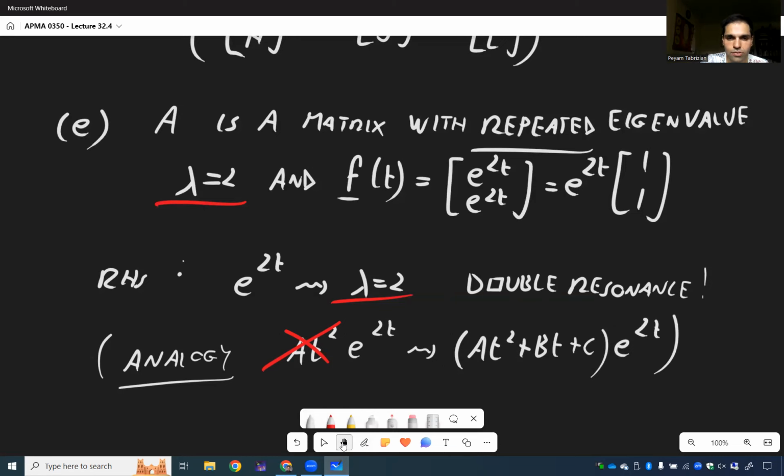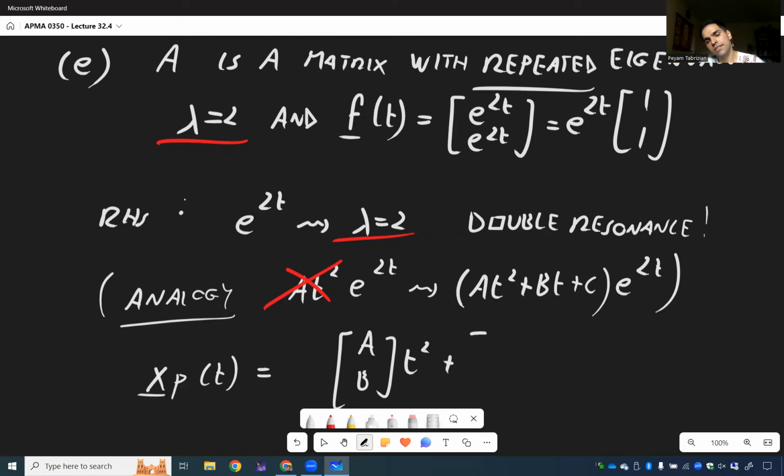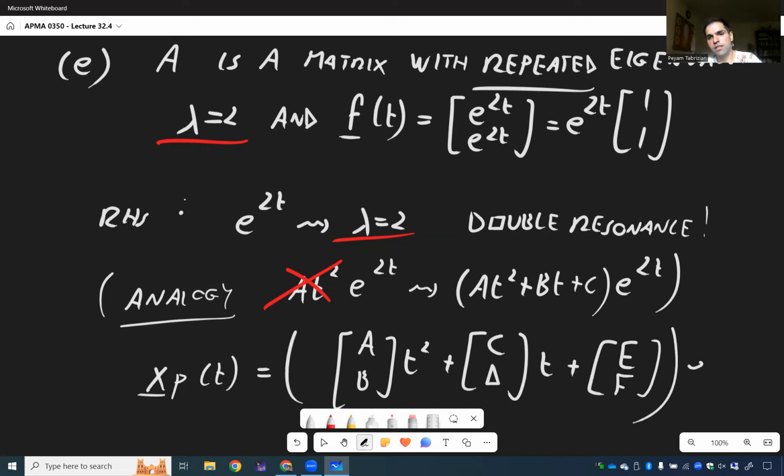And in that case, you would guess xp of t is, again, vectors. So (ab)t squared plus (cd)t plus (ef), e to the 2t. Whew. And that is all you need to know for undetermined coefficients for systems.